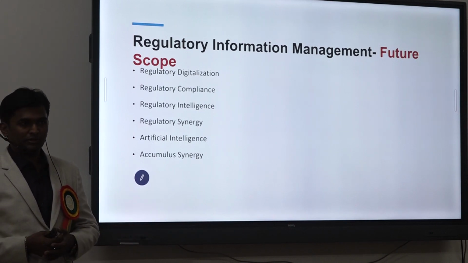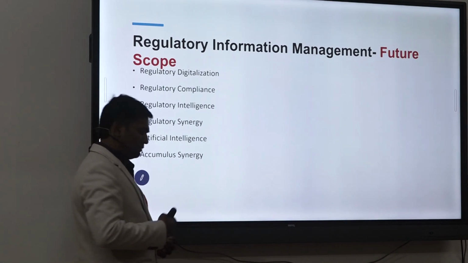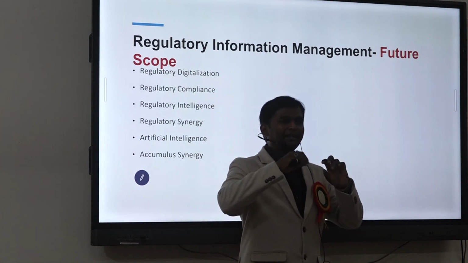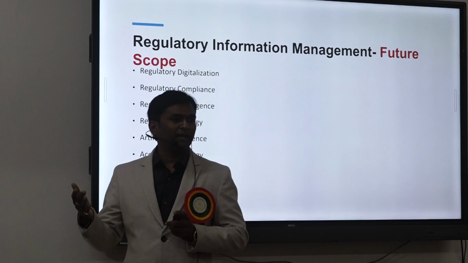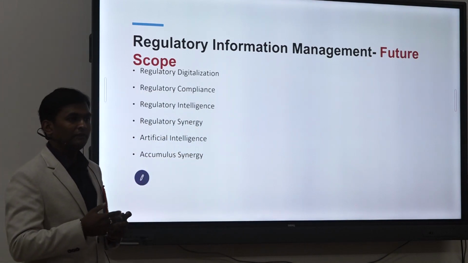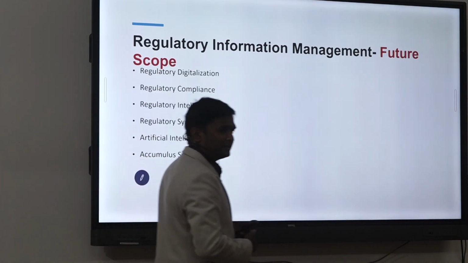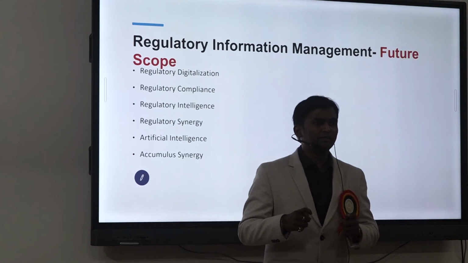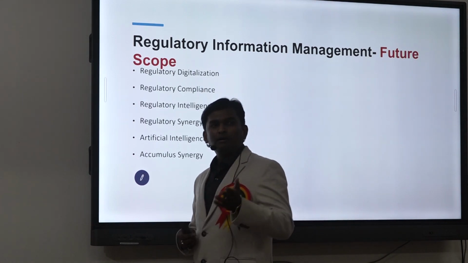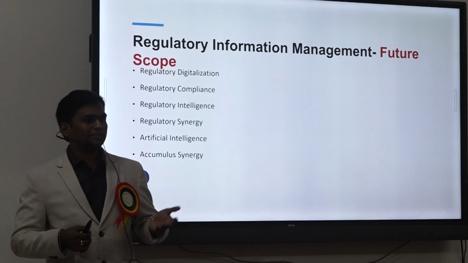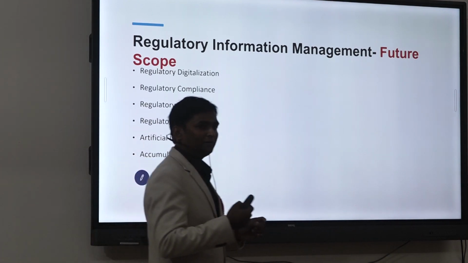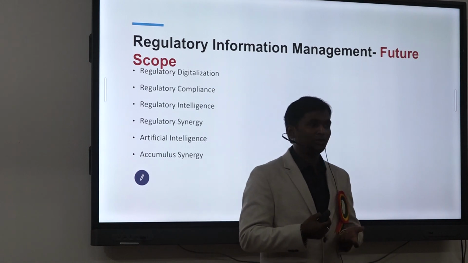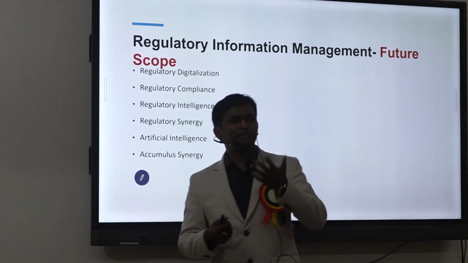Regulatory intelligence gives you a platform to create your answer, because it is based on AI, artificial intelligence. It will give you a draft answer, and the responsible or expert person can check whether it is correctly drafted by AI, and based on that you can send it to the health authority.